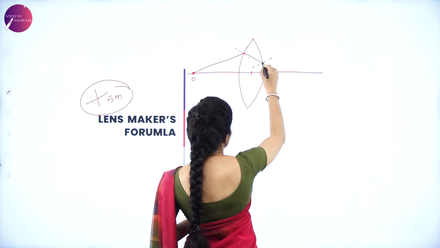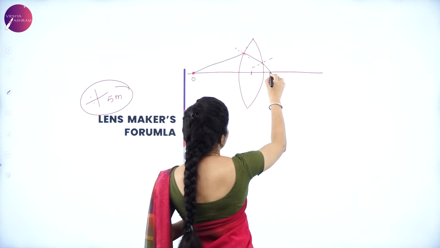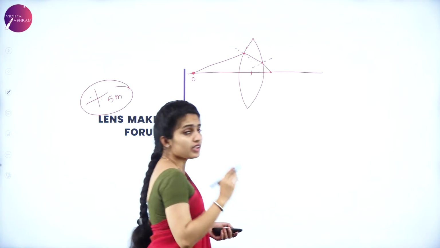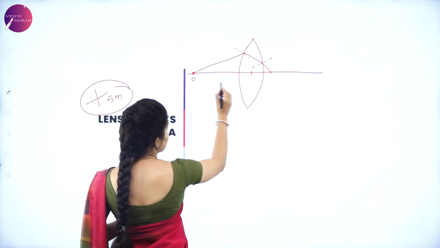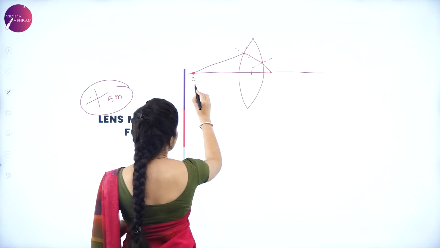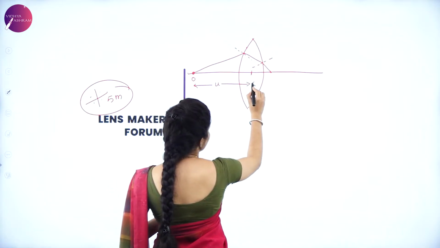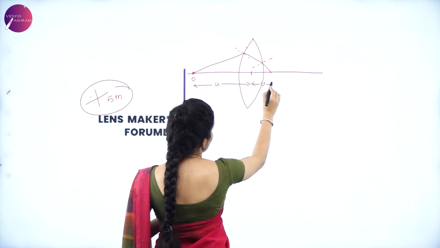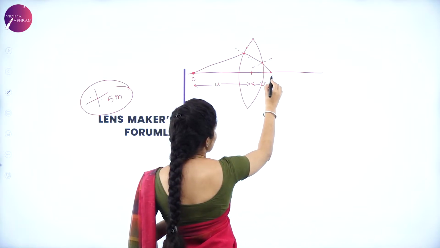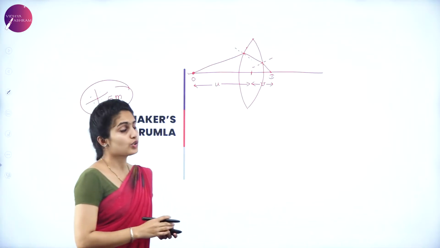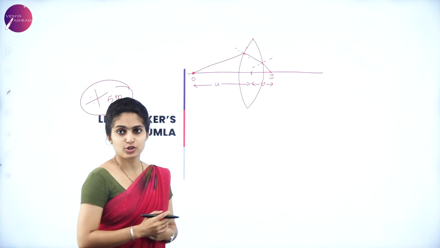So it bends completely in this manner. Okay, so you have your object over here. From here to here, the distance is called the object distance, and from here to here, the distance is called the image distance, call this I. So you have the object over here, the image over there.